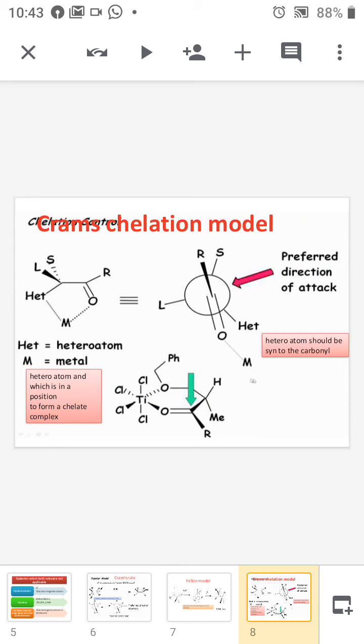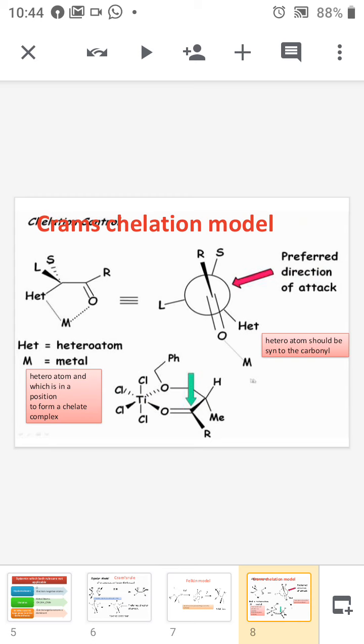The metal atom is in a position to form a chelate complex, which means the metal atom and carbonyl group are syn to each other. In that case, the preferred attack of the nucleophile is on the side of the smallest group, and the angle of attack is again 107 degrees.